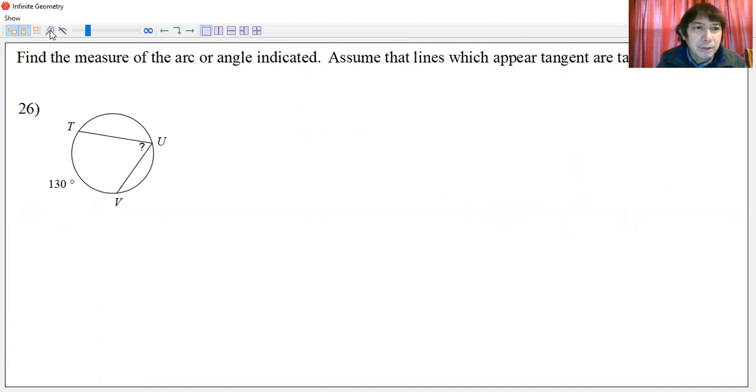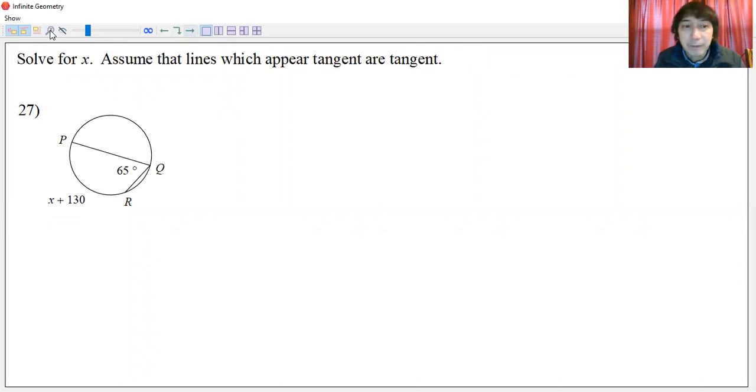Number 27 is this. Here's number 27. We still have an inscribed angle here. That means our arc is x plus 130. Let's type it. We have x plus 130, we divide this by 2, and this equates to 65.